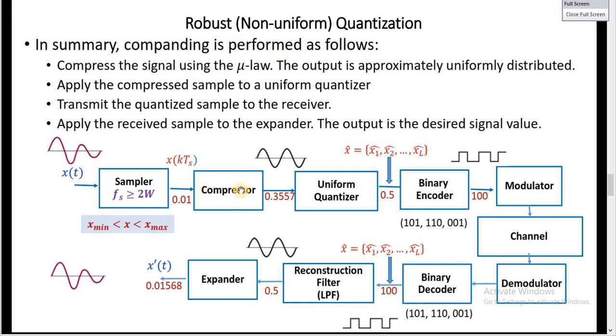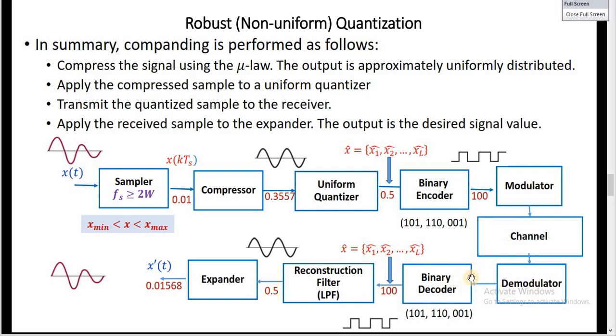The output of the compressor is applied to the uniform quantizer, and uniform quantizer output is assigned certain binary digits depending on the encoding scheme which we employ. Then it's modulated and transmitted over the channel.